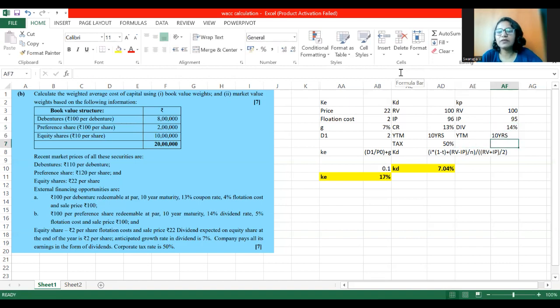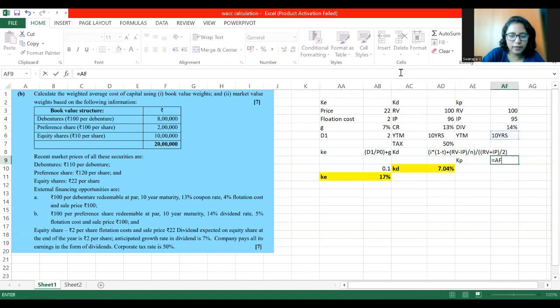There is no tax applicability for dividend because it is not a tax deductible expense. For KP also the formula is the same. The only difference is that we will not be reducing any tax for this dividend part. So dividend is my cost, which is 14 rupees per 100, plus what is my redemption value? 100 minus my issue price of 95, this flotation cost of 5 rupees spread over 10 years, so by 10.